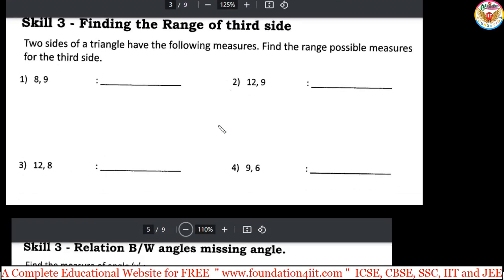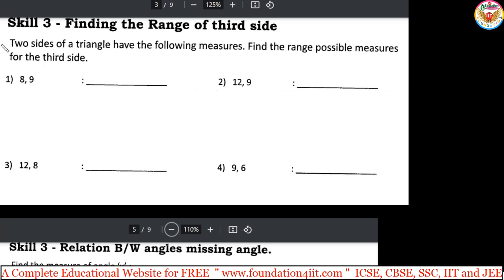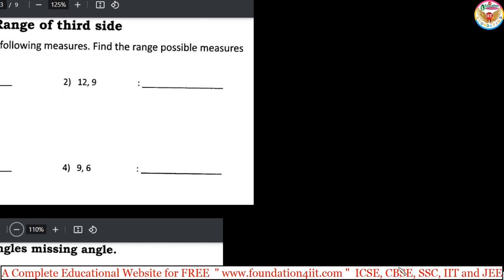Right. Next skill, finding the range of the third side. In any triangle, two sides are given. What is the possible value for the third side? First of all, you should know the basics. In any triangle, let the lengths of the three sides be A, B, C. Then the sum of any two sides should be greater than the third side.